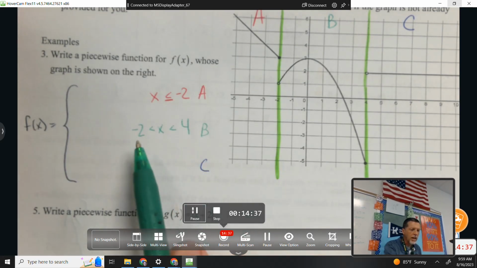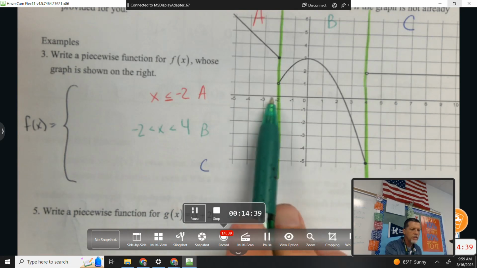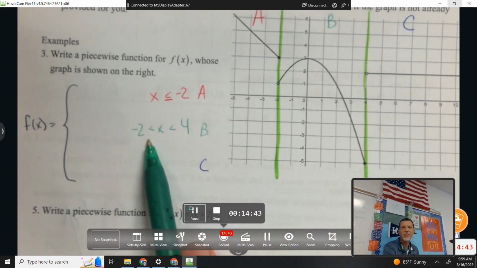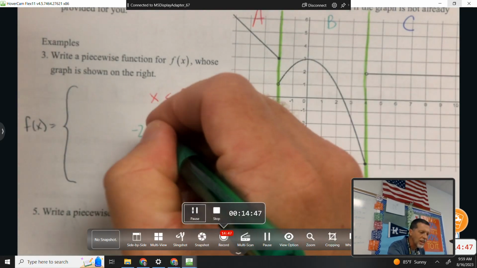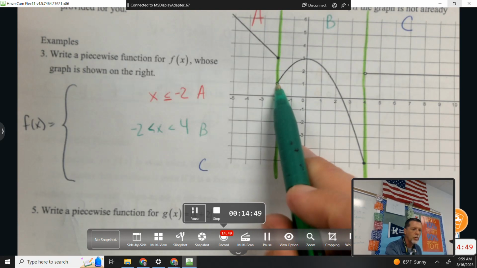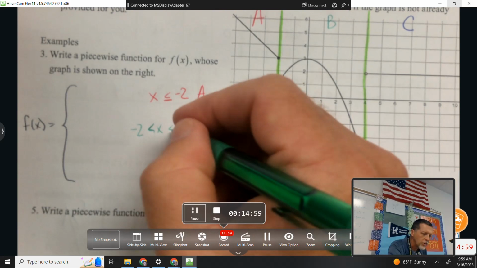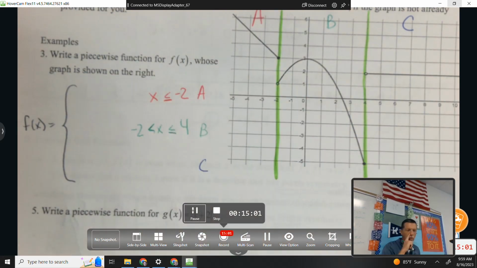So at -2, it is an open circle. What does that mean for equal sign? Yeah, not an equal sign, just less than, because I don't want to include -2 in section B. But 4, it is equal to, because there's a closed circle there. So I want to include 4 in neighborhood B.